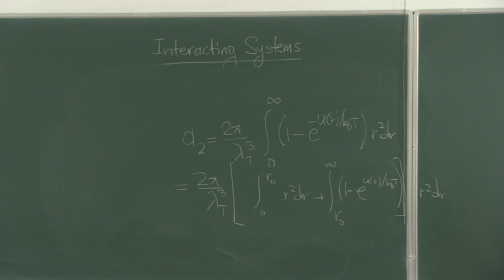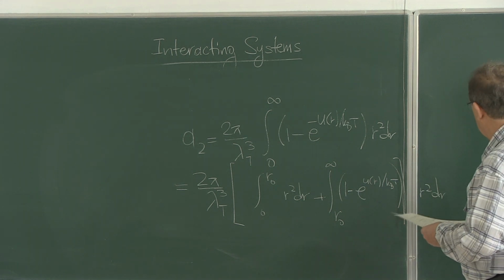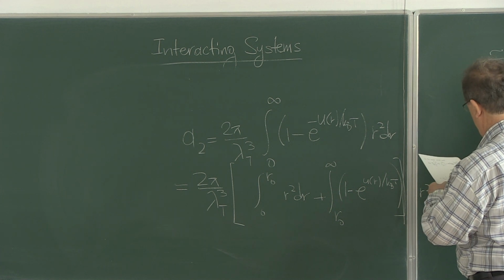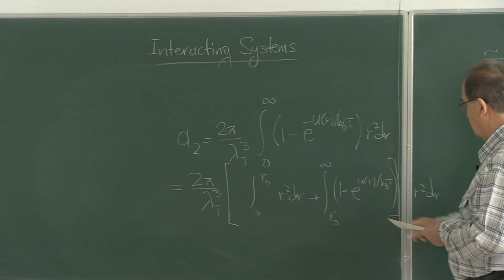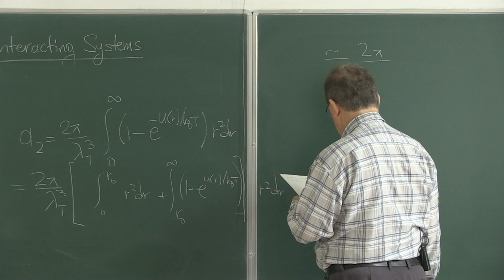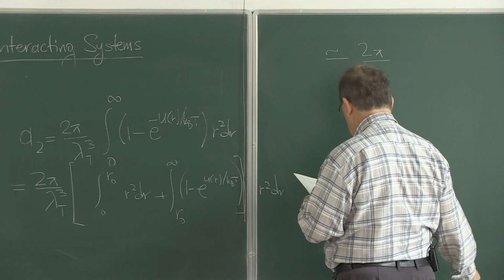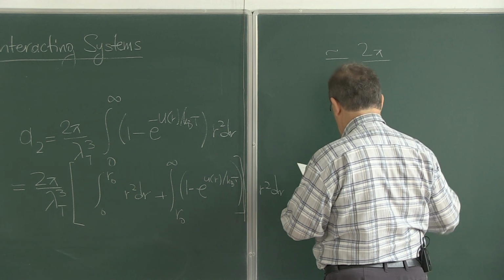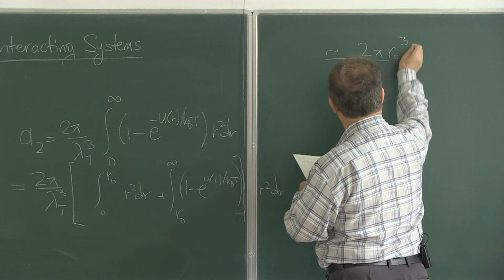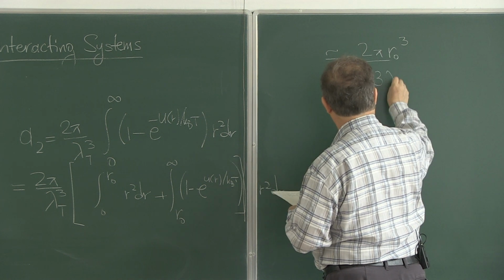U(r) is going to 0 for large r, so you can expand that exponential for large r. So the result will be 2 pi, exponential is 1 plus U(r) over kBT, 1 plus U(r) if you like, 2 pi r0 cube over 3 lambda t cube.